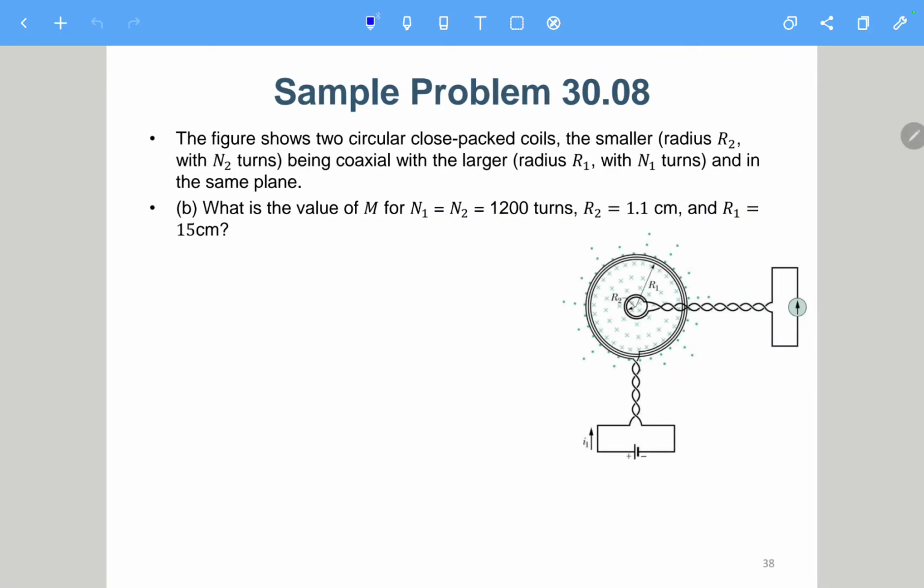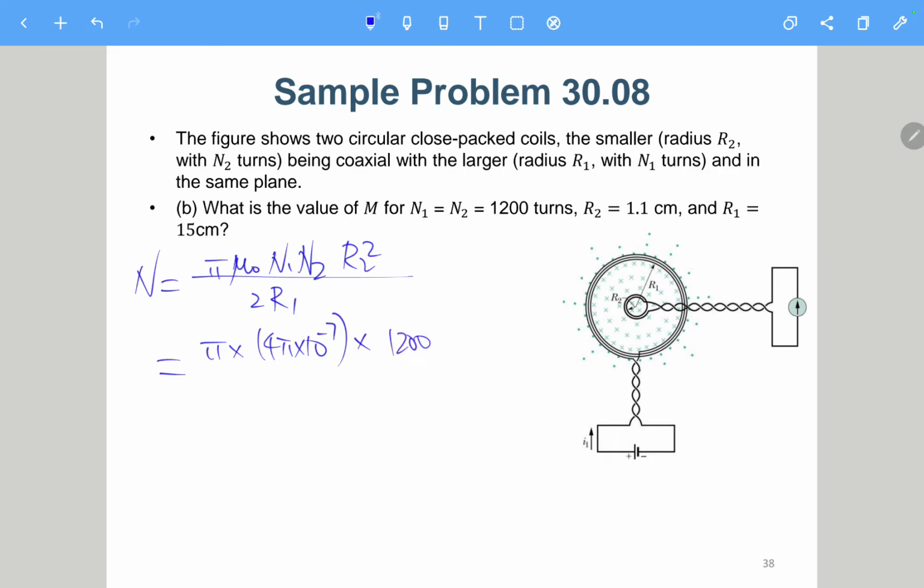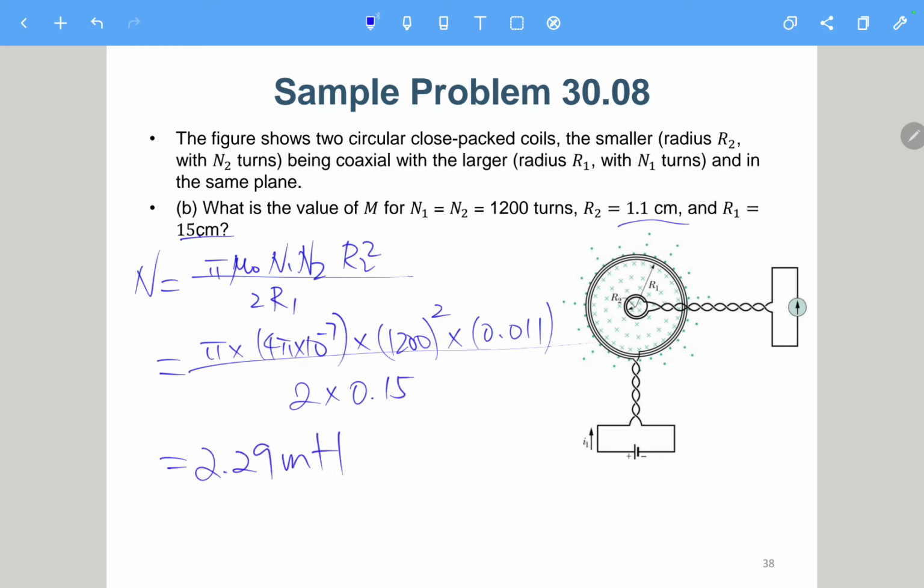So M equals pi mu 0 N1 N2 R2 squared all over 2R1, and then we put in the numbers: pi times mu 0 is 4 pi times 10 to the negative 7, and then times 1200, and then squared, and then times R2, which is 0.011, and then over 2, and then R1 is 15 centimeters, 0.15. So this is 2.29 millihenry.